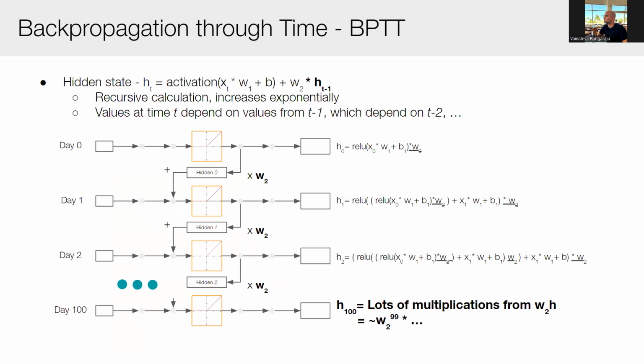Then basically we have to deal with the chain rule in this case. As you can imagine, the chain rule depends on the composition of functions. If we're backpropping through every single hidden state, then we'll probably have 100 different compositions of functions.